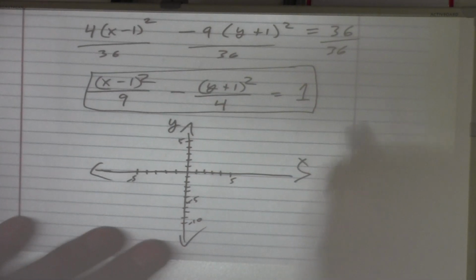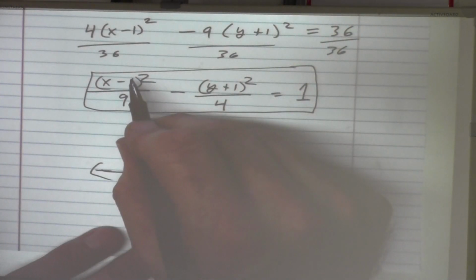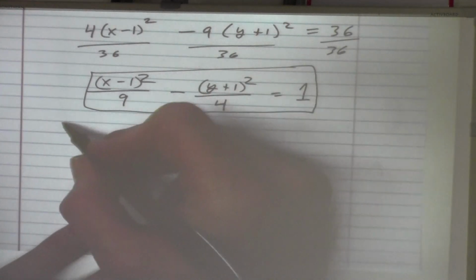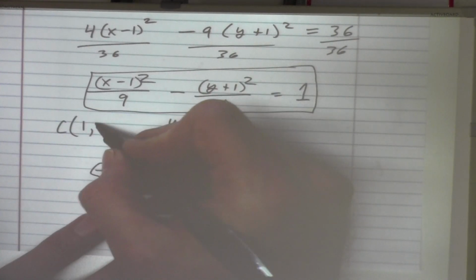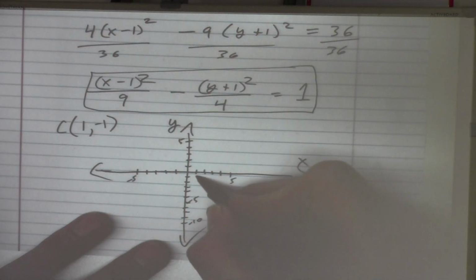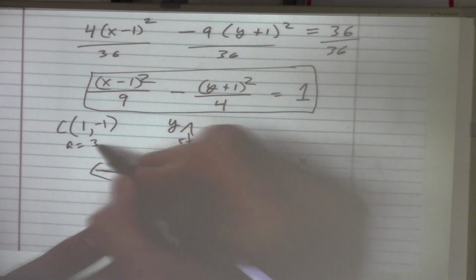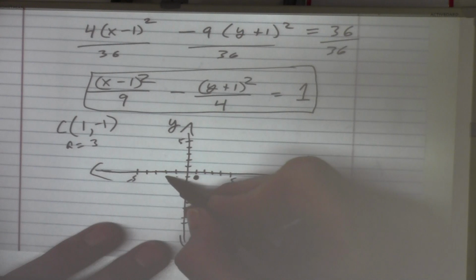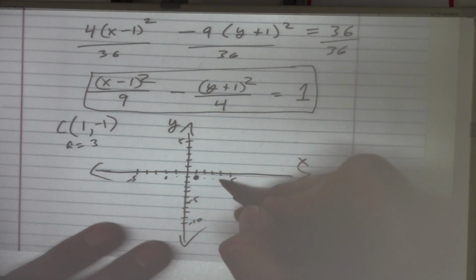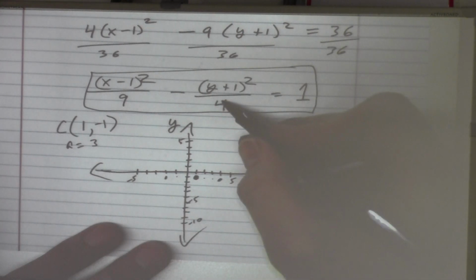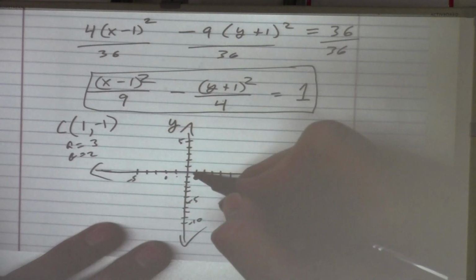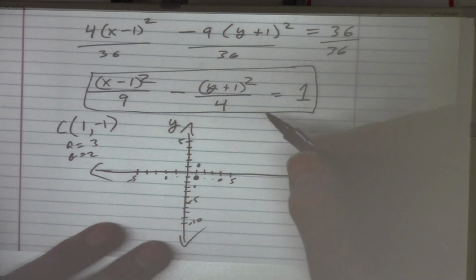So what I'm going to do is find the center, which is +1, -1. So center is 1 for the x and -1 for the y. So there's the center. A is a distance of 3, 1, 2, 3, in each direction. B is a distance of 2, so it's 1, 2, and 1, 2.